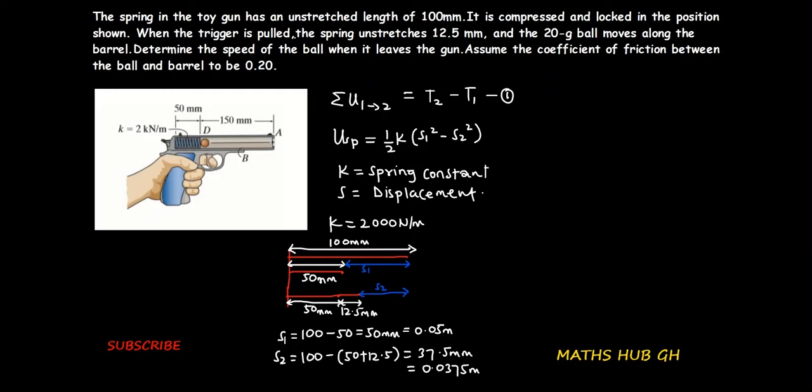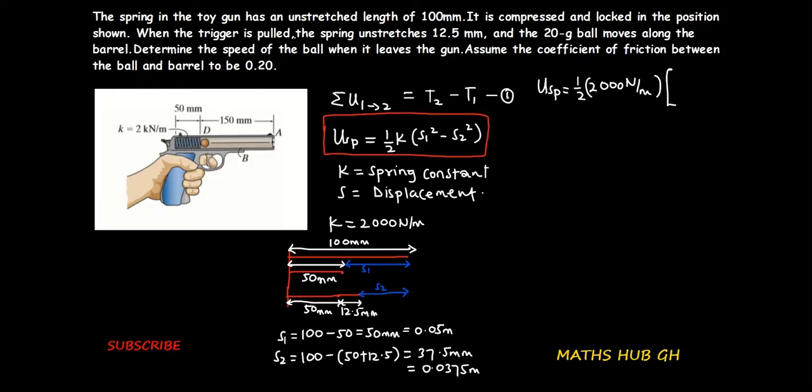So now we know S1 and S2, and then we know our K. Let's substitute them into this formula that we have here, and then find the work done by the spring force. So you are going to have the work done by the spring force to be equal to 1 over 2, multiplying K, which is 2000 Newton per meter, times the bracket S1 squared minus S2 squared.